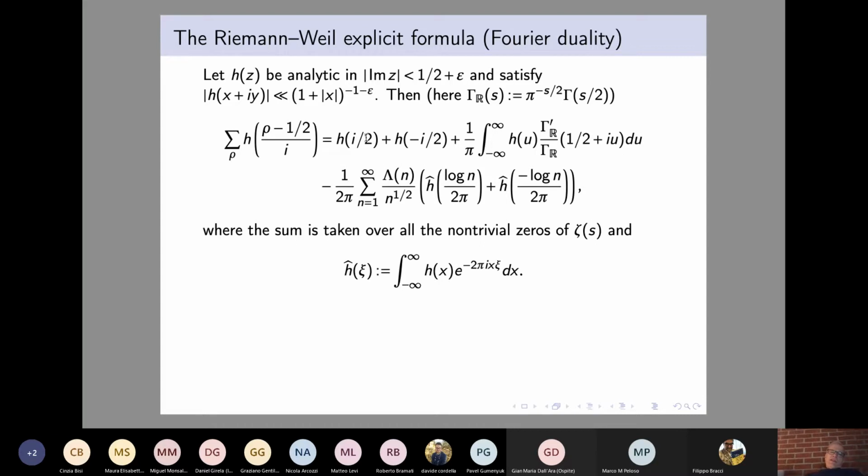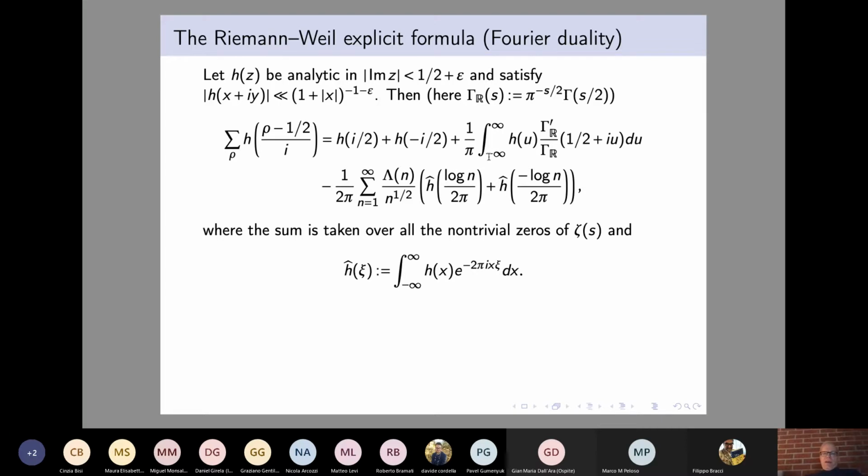On the other side, you get two terms which come from the pole, and actually I made it symmetric so that you have one term corresponding to the pole of zeta and another term corresponding to the symmetric point, corresponding to the pole of gamma at 0. And then you get two additional terms.